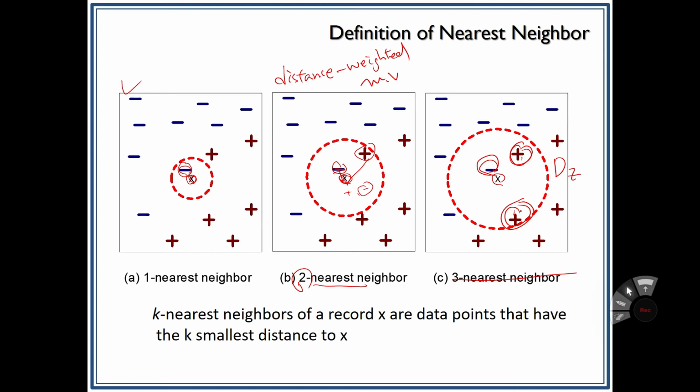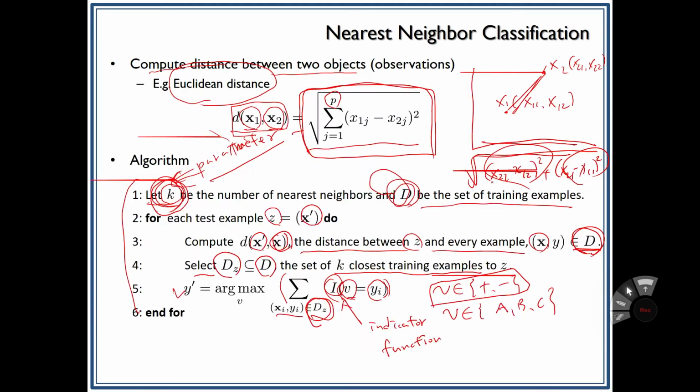And then we take a look at the y values of these three data points, and see if this condition is satisfied. So in the case of v being positive, the output of this summation is 2. When v is negative, the summation returns 1. We compare these two values, and then we set the predicted label of the new data point using the class label that corresponds to the maximum value between these two.